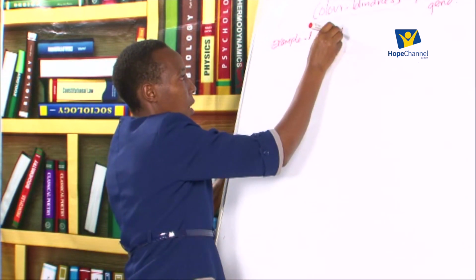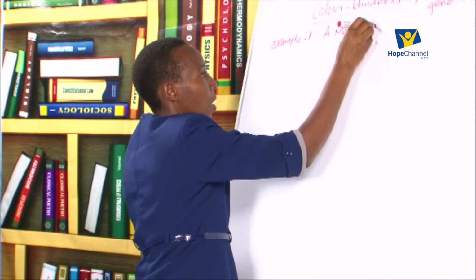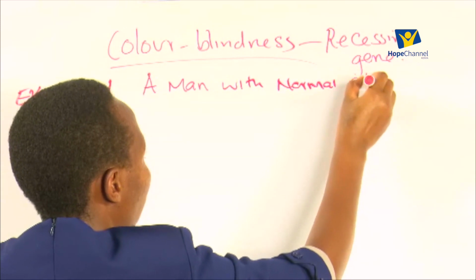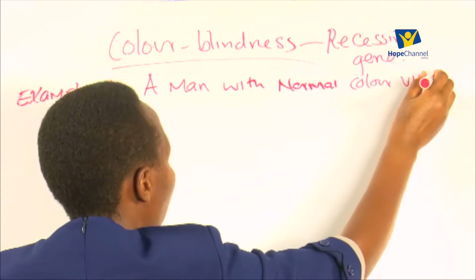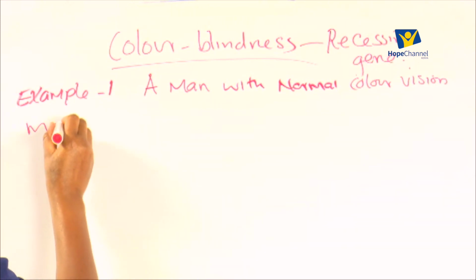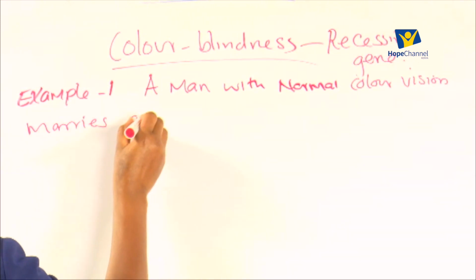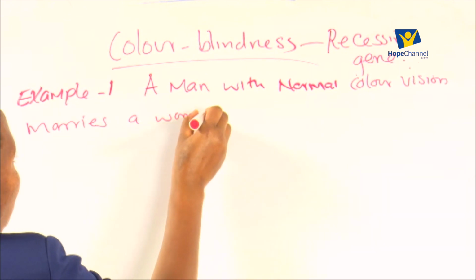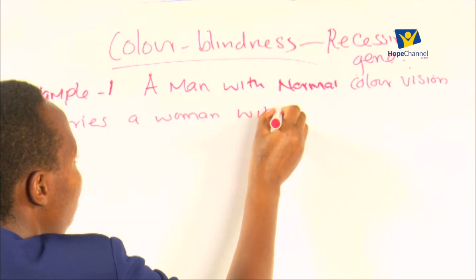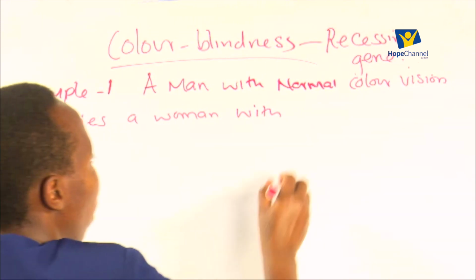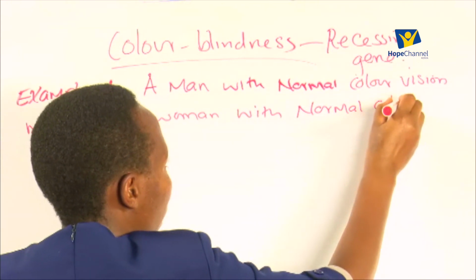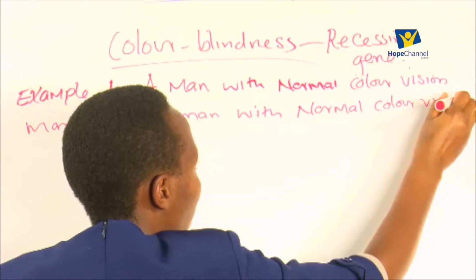a man with normal color vision marries a woman with still normal color vision.